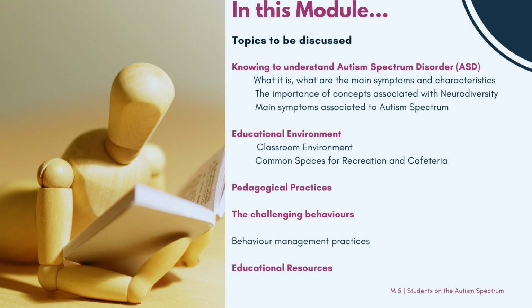We will develop which are the most appropriate pedagogical practices. We will also talk about the challenging behaviors and what are the most appropriate behavior management practices. We'll talk about where you can find suitable learning resources. And we end with a teacher survival guide and a handout as practical tools.